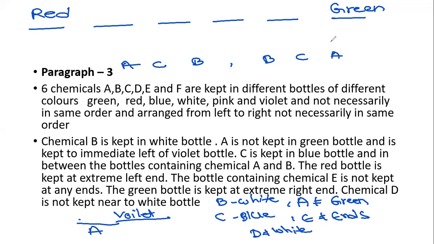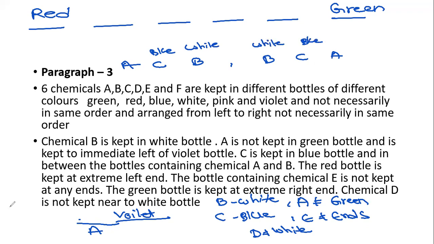Most importantly, you need to figure out whether ACB is the correct representation or BCA is the correct representation. We already have the clues. We know the color of C is blue, and B is white. So B is white and C is blue.